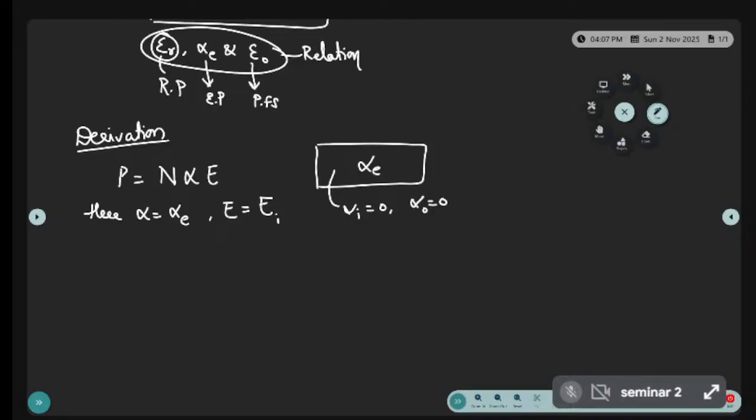Fill the dash. Right. So therefore P is equal to N alpha E into, I can write this equation, replacing with this equation. But we know what alpha E is.